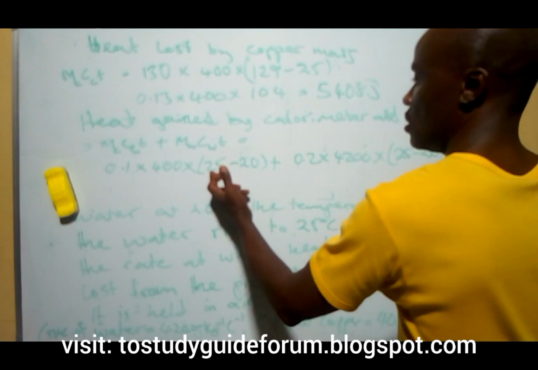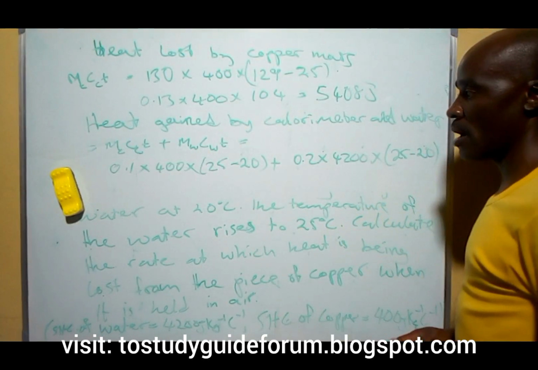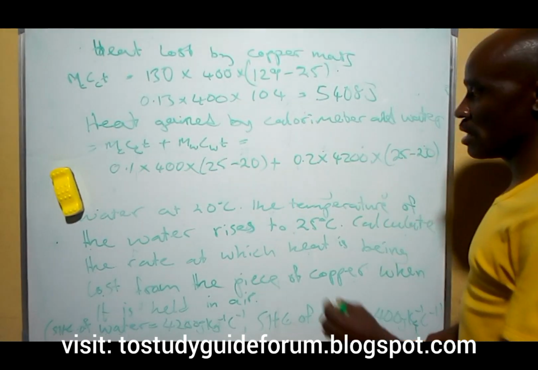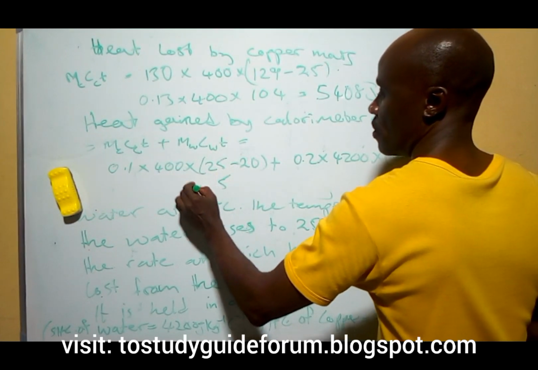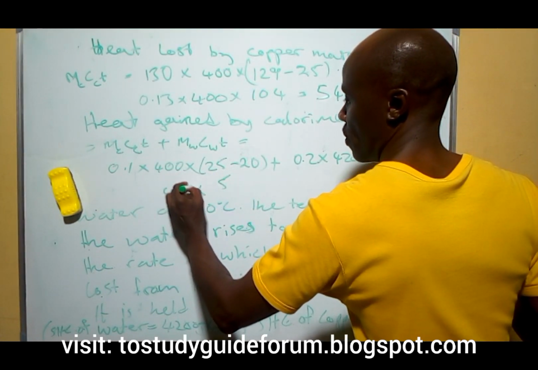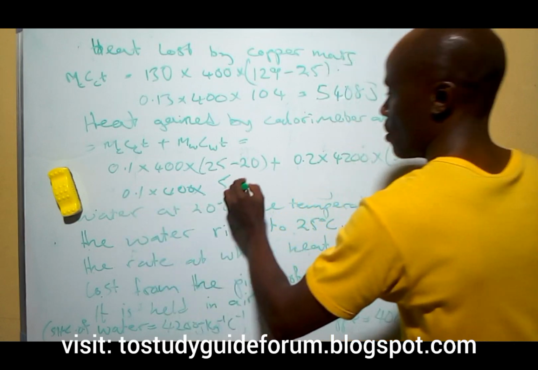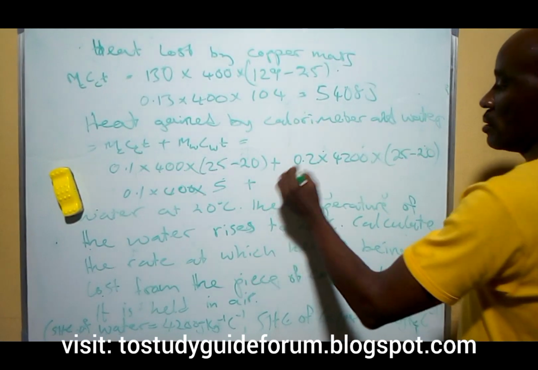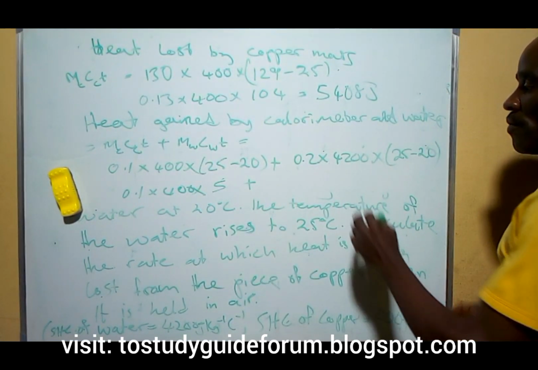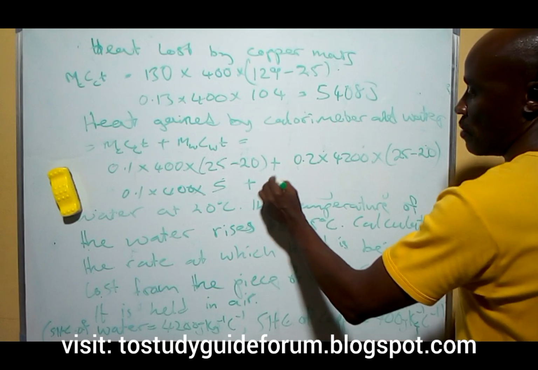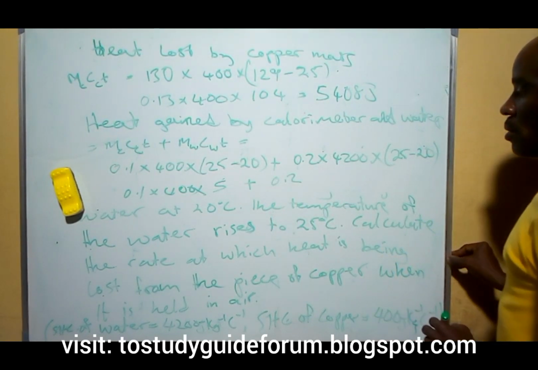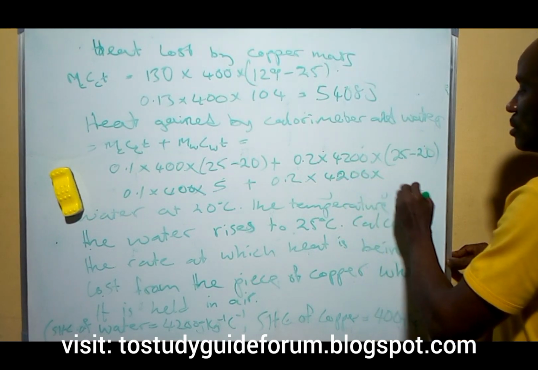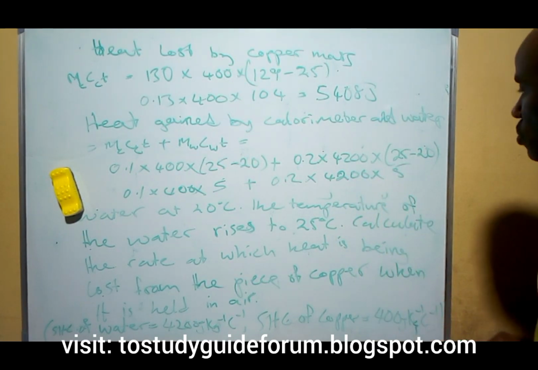So the heat gained, since the initial temperature is 20 and the final temperature is 25, the change is 5, times 400 times 0.1, plus the other one, which is 200 grams, converting to kilogram, we have 0.2 kilogram times 4200, and then times the change in temperature, which is 5.